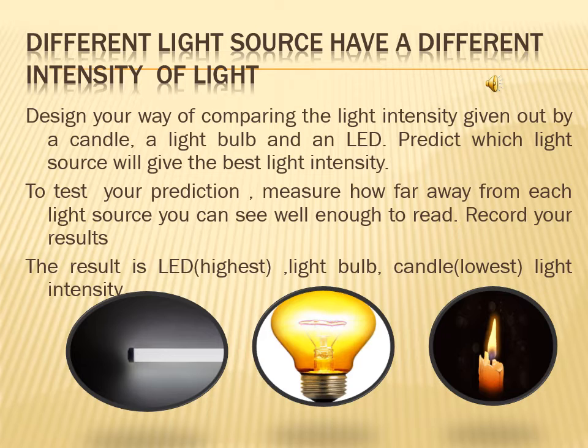To test your prediction, measure how far away from each light source you can see well enough to read. Record your results. What result will we get? Yes, LED has the highest light intensity. Then after that comes the light bulb, and the lowest light intensity is of the candle.